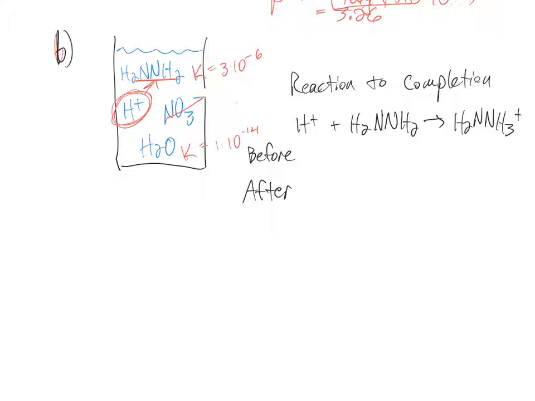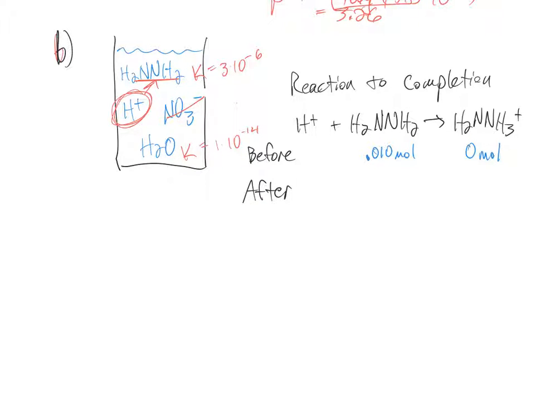If you read the problem carefully, it says that in the original solution there was 100 milliliters of 0.1 molar H2NNH2. Multiplying the volume in liters by the molarity, we get 0.01 moles of the base. And if you look at your drawing of the reaction vessel, there is no conjugate acid of the weak base initially.